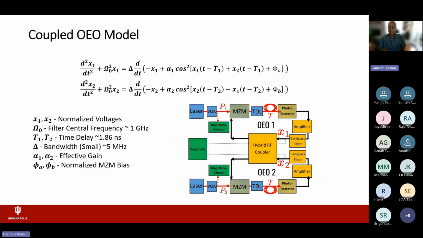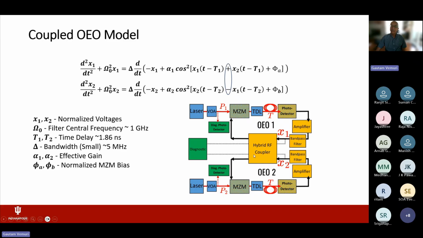In some sense, the model is very similar to the laser model that I just showed you. But this system gives me much more precise control over many elements of the entire coupled system. In particular, I can play with the phase of the coupling. You can see here that for now, I have a 180-degree phase difference.